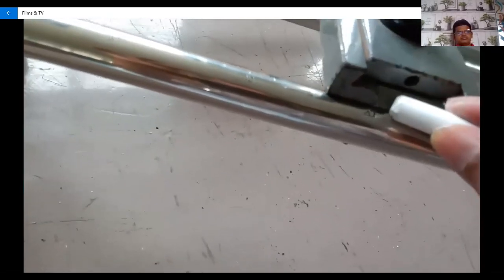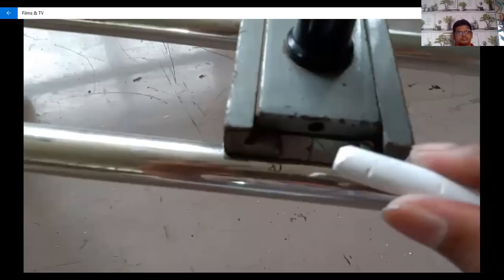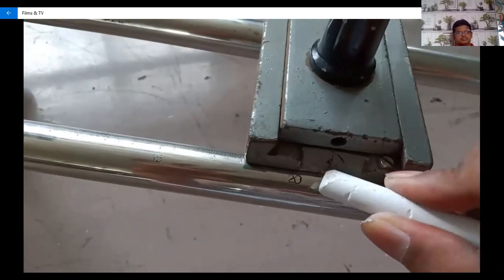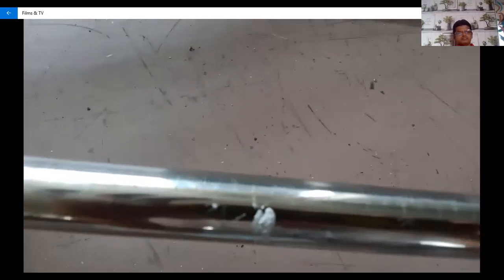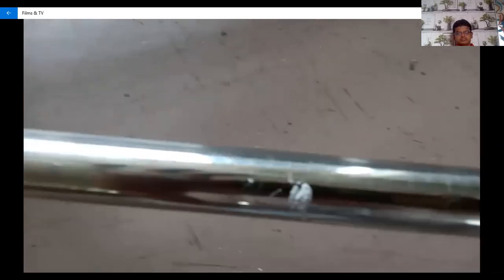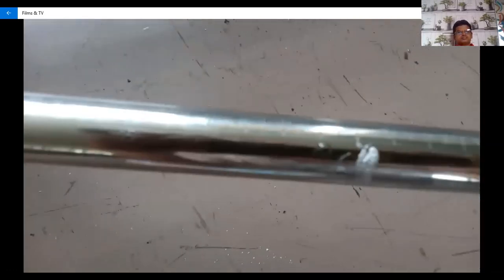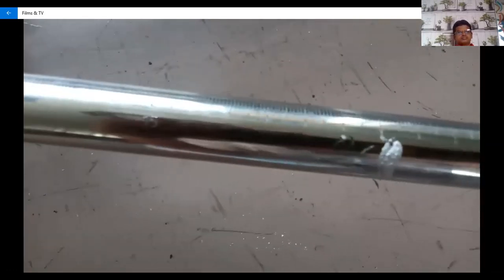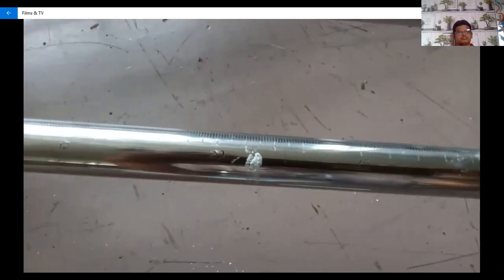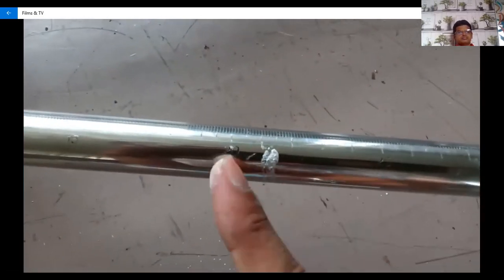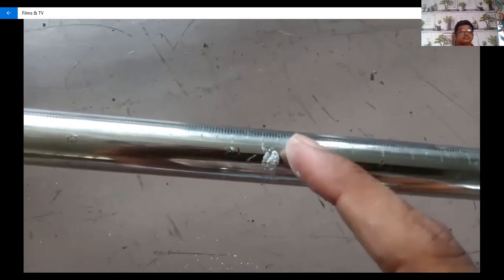So we show the value, like 21.5. We see here 20 and 21, and the center scale is 21.5.